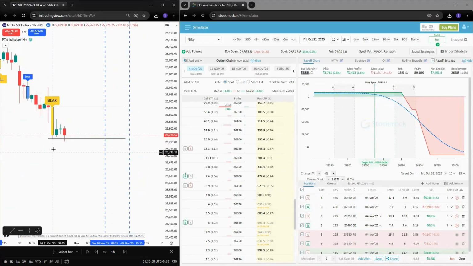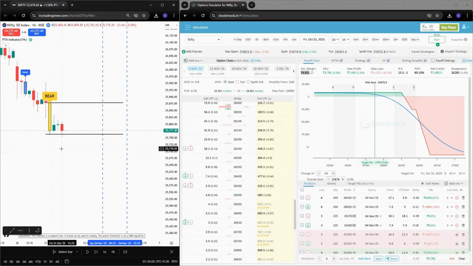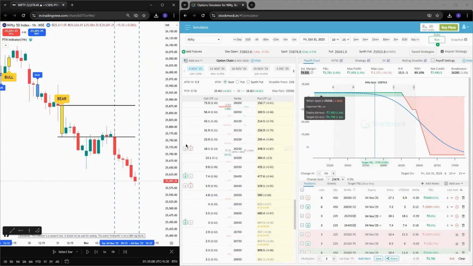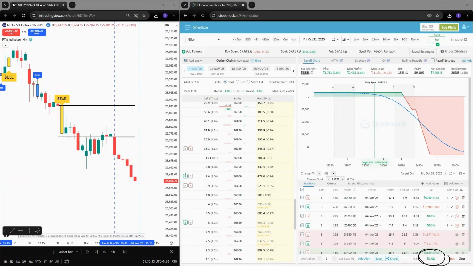Let's see what happens. We have expiry day approaching, and market has stayed below your pivot. So let me just fast forward. You can focus on the profit here. Let's see how much profit we have made in this case.